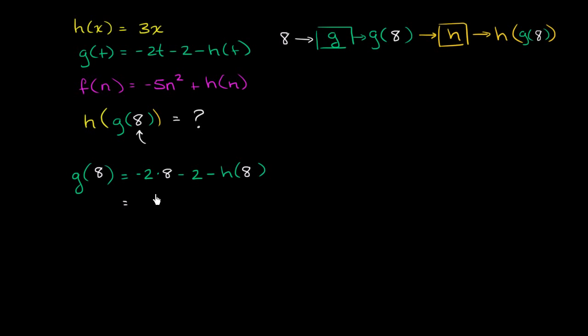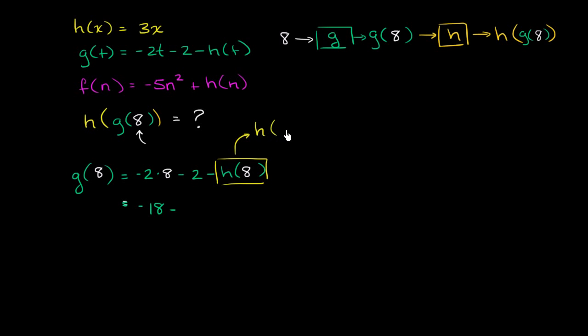Now let's see if we can calculate this. This is going to be equal to negative 2 times 8 is negative 16, minus 2 is negative 18. So this is going to equal negative 18 minus, what is h of 8 going to be equal to? Let's do that over here. So h of 8, now we go to the definition of h. Don't worry about later we're going to input all this into h again. Let's just worry about it one step at a time. We need to calculate h of 8.